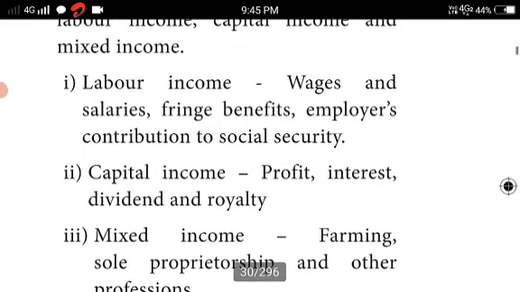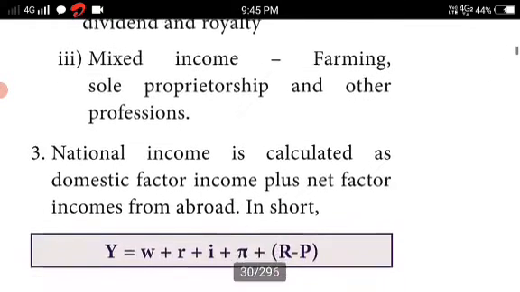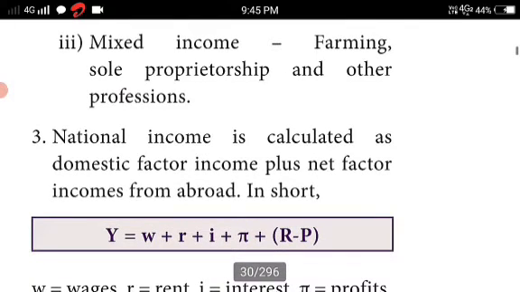Wages and salaries, fringe benefits, employees' contribution to social security. These are all coming under labor income. Capital income: under this, profit, interest, dividend and royalty. These are all coming under this topic. Mixed income: farming, sole proprietorship and other professions come under mixed income.